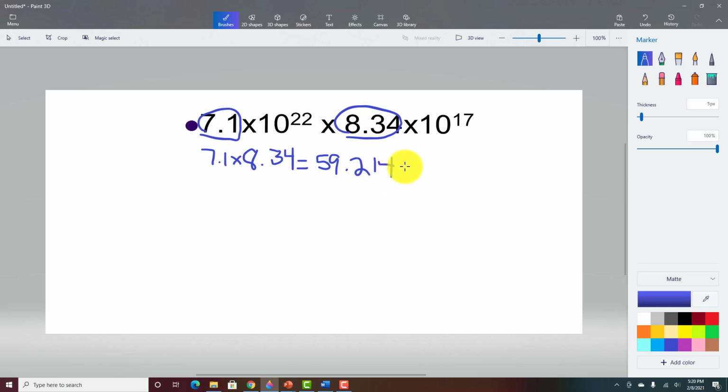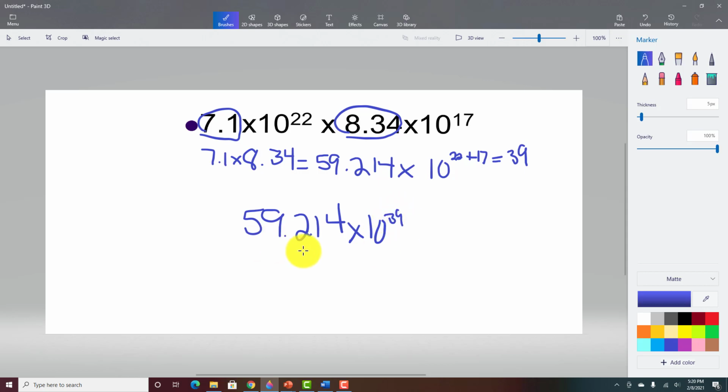Then you take your exponents, so this would be times 10 to the 22nd, and I would add that to the 17th, the exponent from here. 22 plus 17 gives you 39. So this gives me a number of 59.214 times 10 to the 39th.